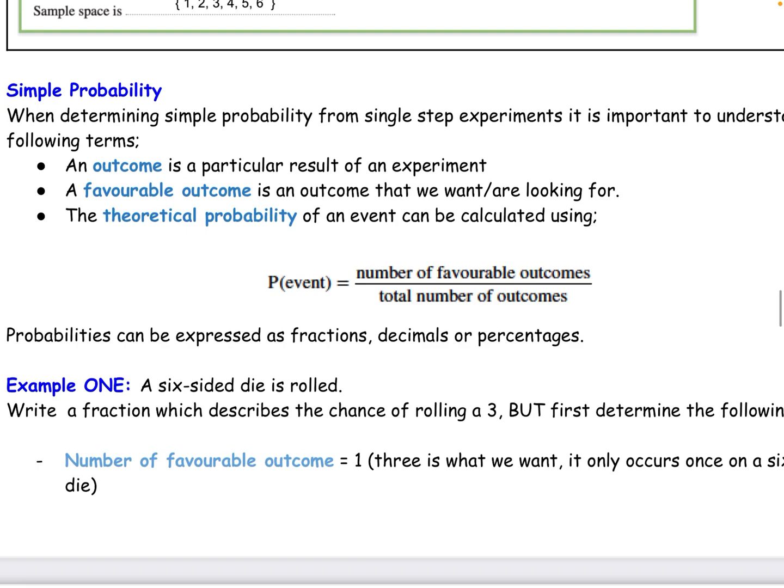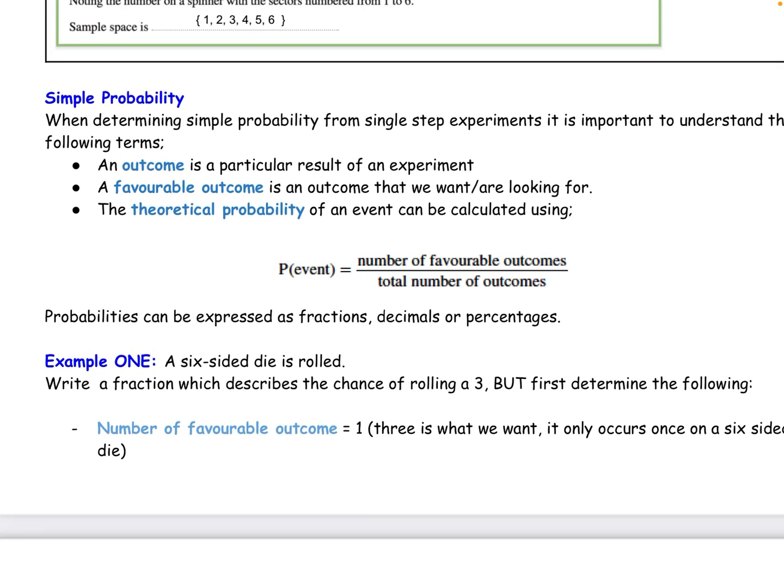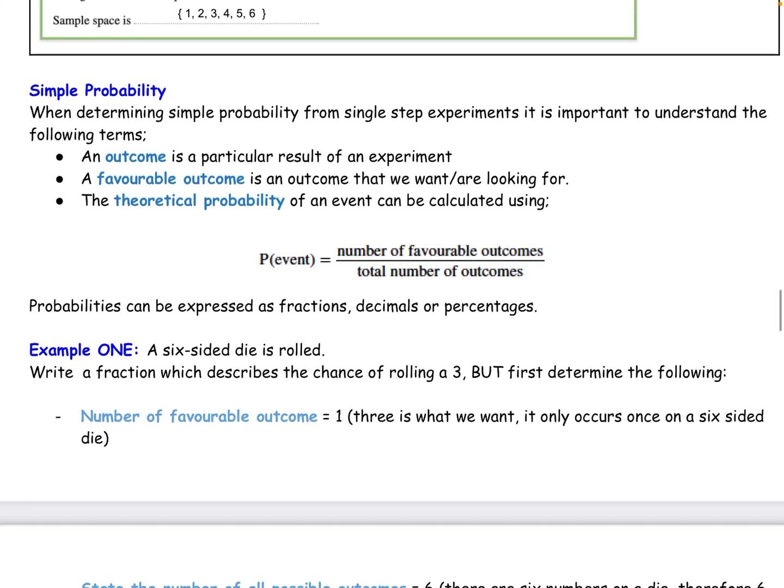Let's have a go. When determining simple probability from single-step experiments, it's important to understand the following terms. Now, if you've watched the video, this is what the man on the video was talking about. An outcome is a particular result of an experiment. All right, so if we're going to toss a coin and we want to get a head, the outcome we want is the head. A favourable outcome is an outcome that we want or that we're looking for.